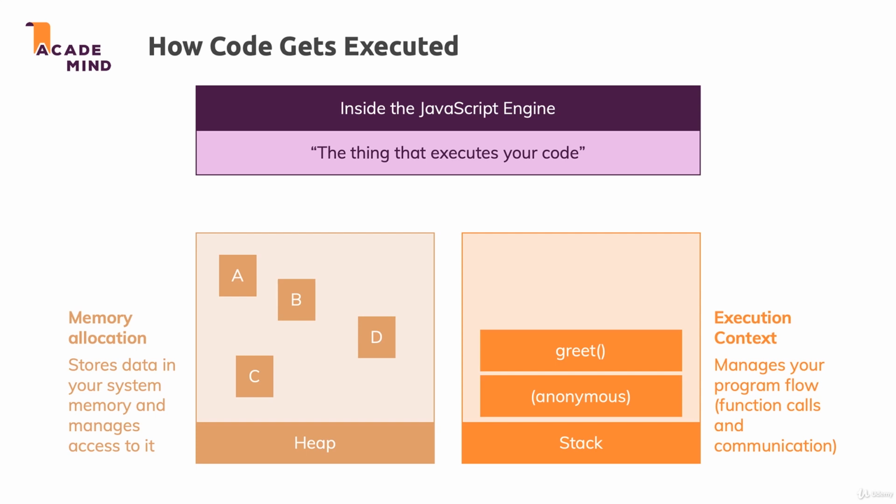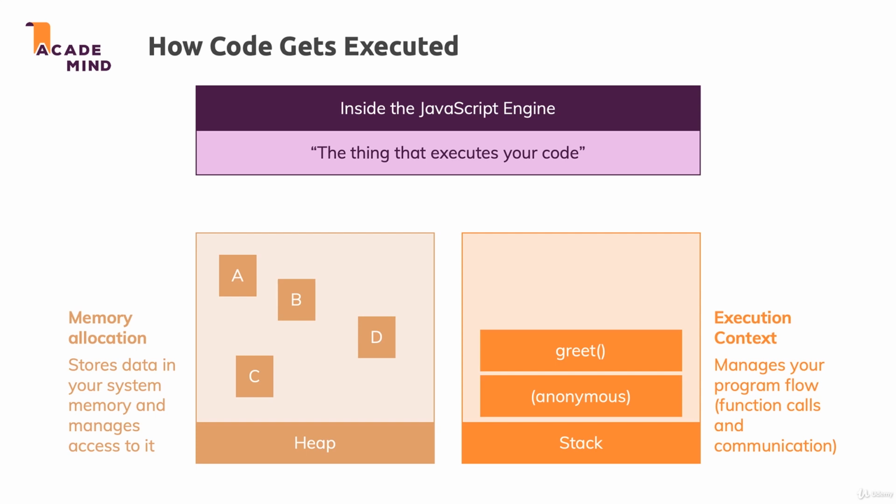So where the browser or the JavaScript engine keeps track of what's currently happening. And the stack is simply populated by pushing new function calls or new short-living data on top of it and popping it off when it's not required anymore.